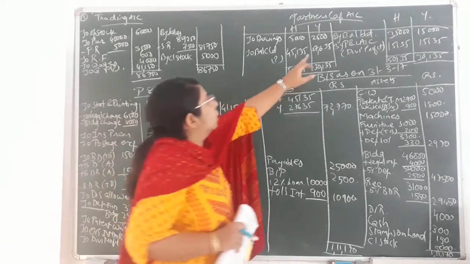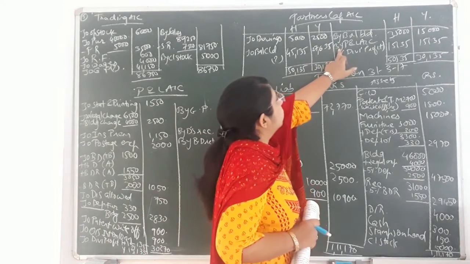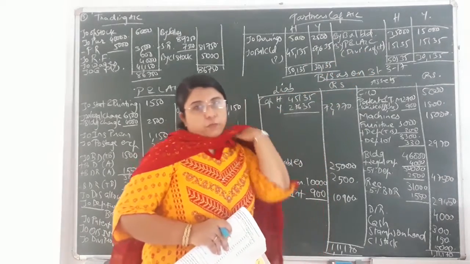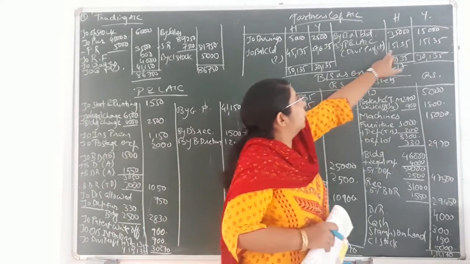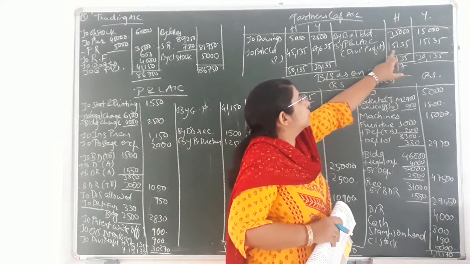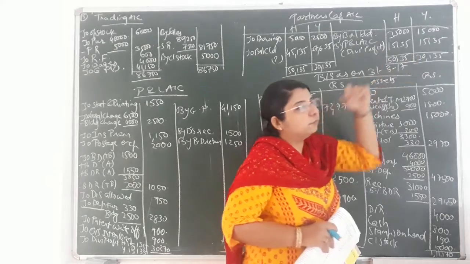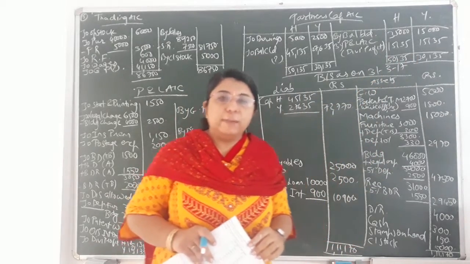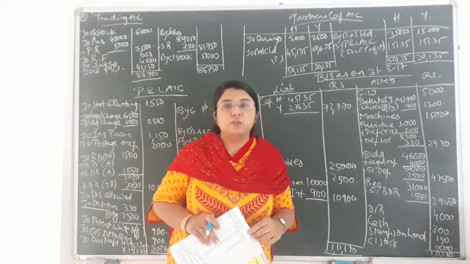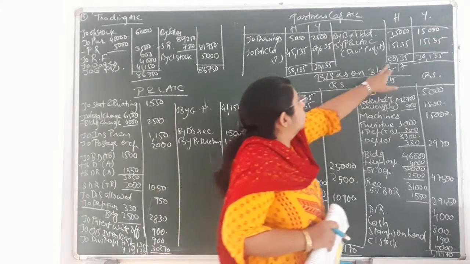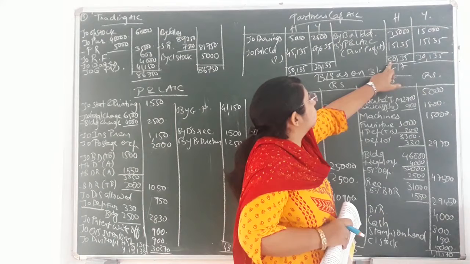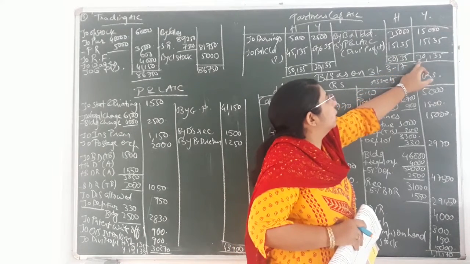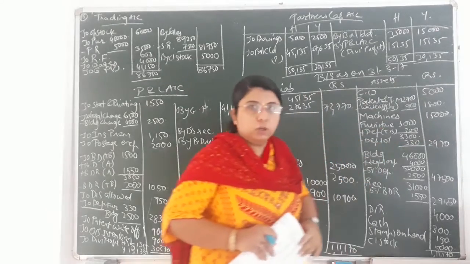We will transfer it to the concerned partners' capital accounts. So you can see on the credit side of the partners' capital account, I have written by P&L account, in brackets divisible profit. The divisible profit for Harsh and Yesha is the same, 15,135. Now we'll close the partners' capital accounts to find the closing balance of capital. The total of Harsh came to 50,135. For Yesha, that came to 30,135.